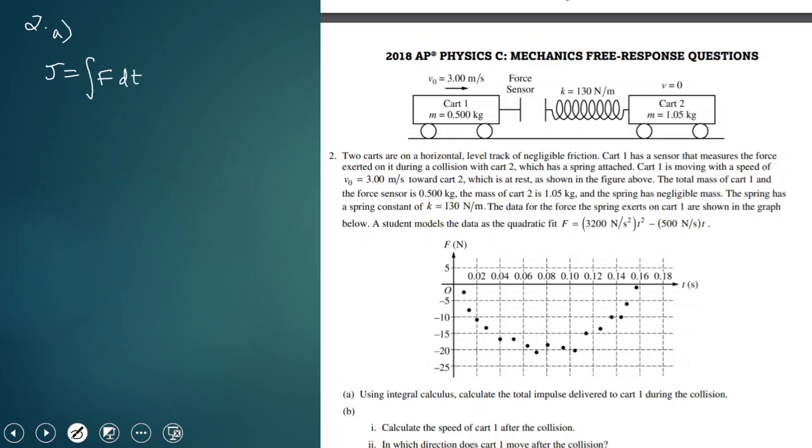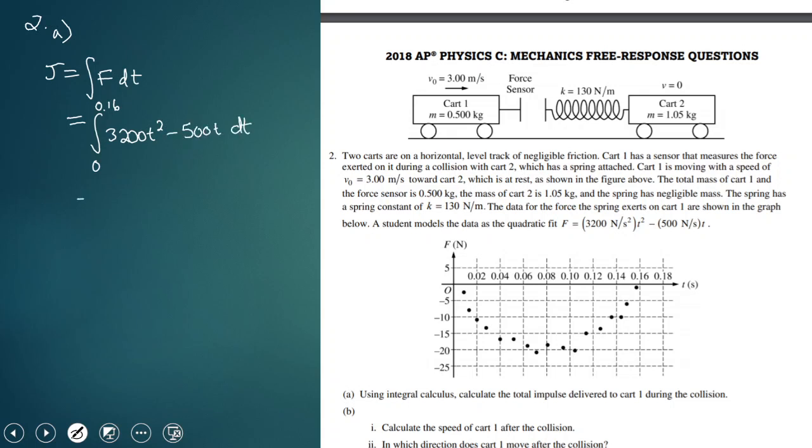And so we're essentially just going to take the integral, and our bounds are going to be the total time. So from time 0 to time 0.16, which is essentially where we have our data range. So from 0 to 0.16, we take the integral of 3200 t squared minus 500 t with respect to time.